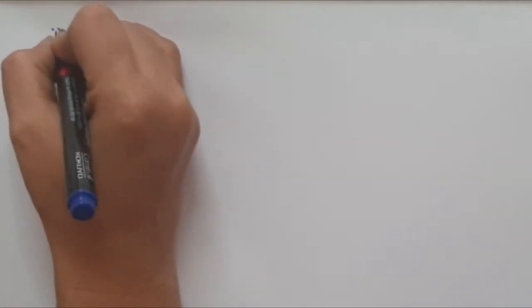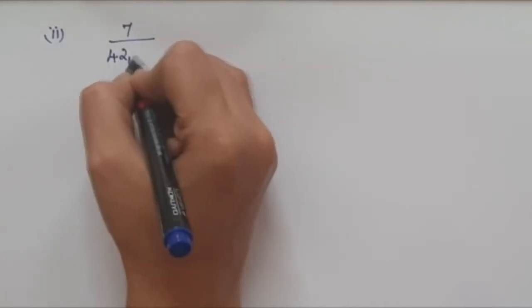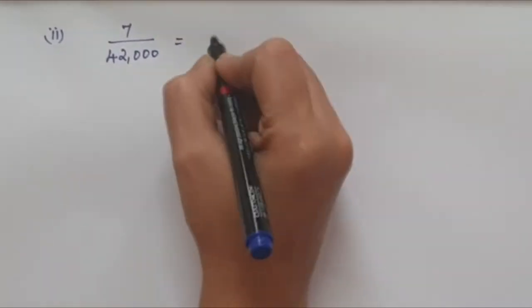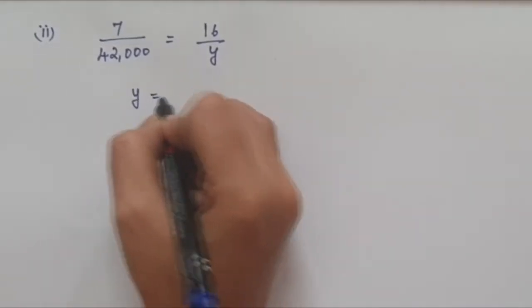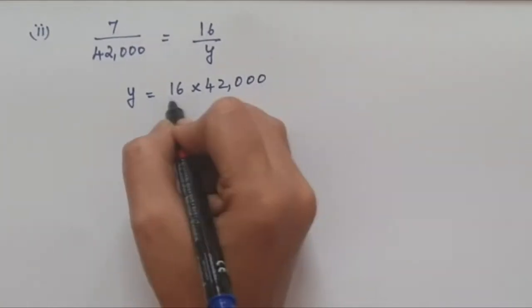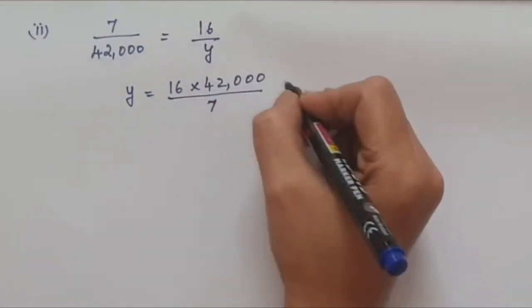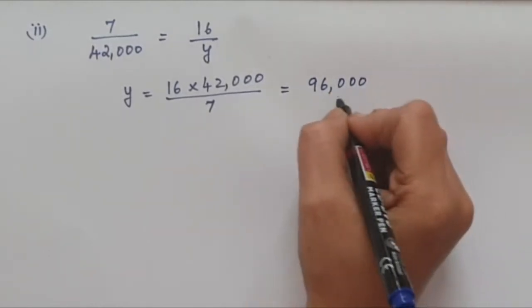Now the second one, we need to find the total. So it will be 7 over 42,000 equal to 16 over y. So now y will be equal to 16 multiplied by 42,000 divided by 7, which will give us the total people equal to 96,000.